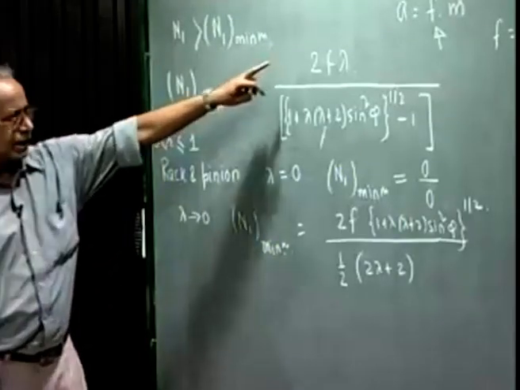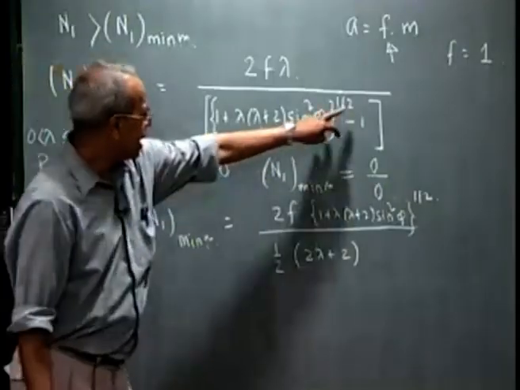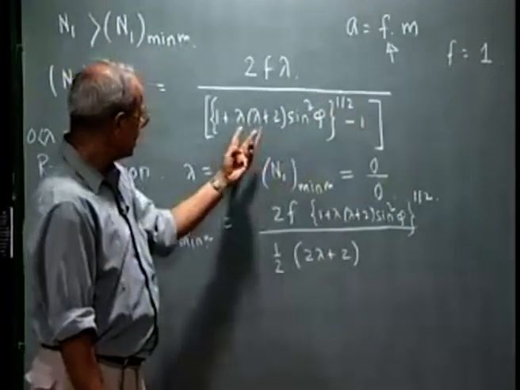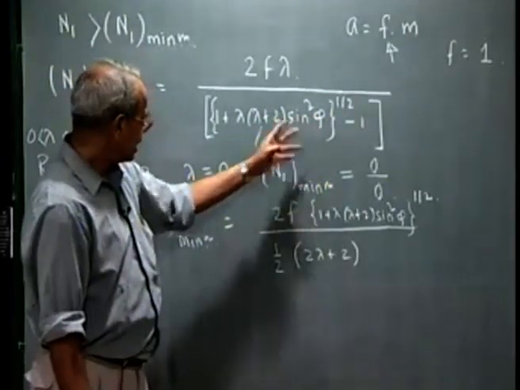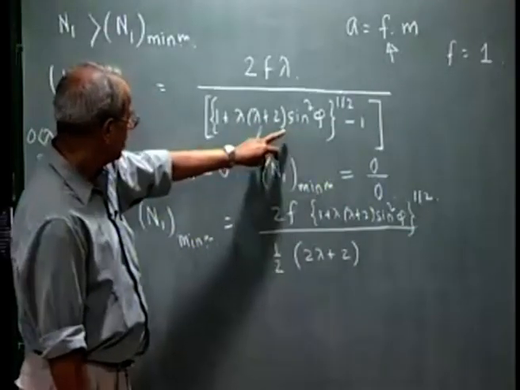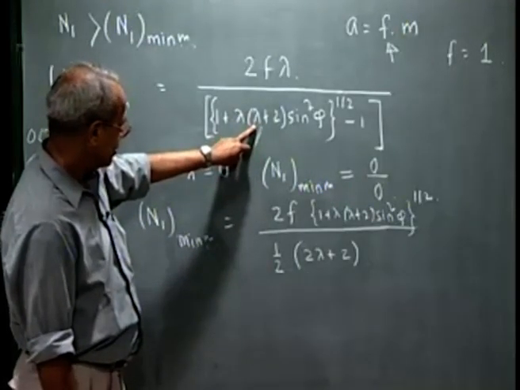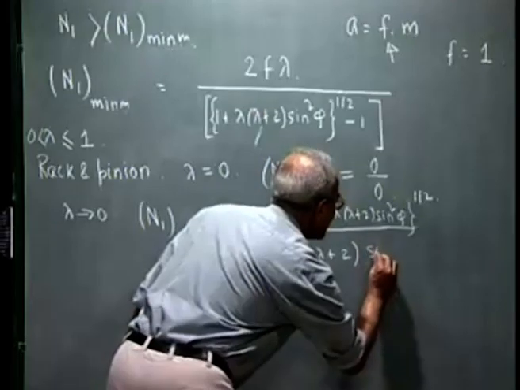If I take the derivative of the numerator and the derivative of the denominator, this is what I get: half into this to the power minus half, then while differentiating this with respect to lambda, I am getting sine squared phi.